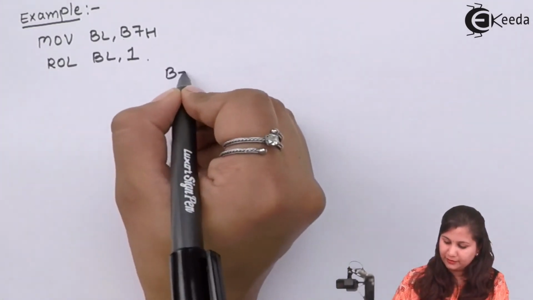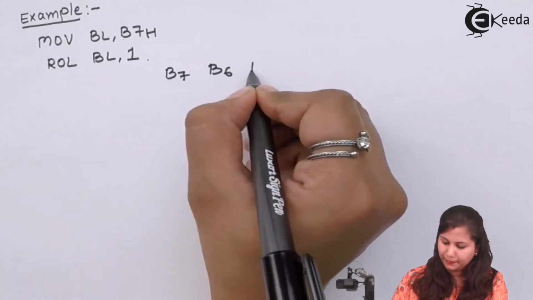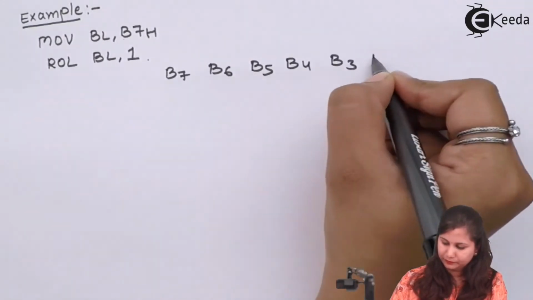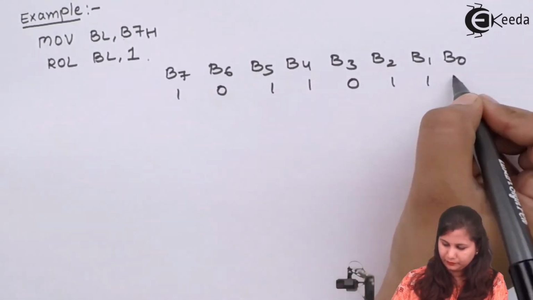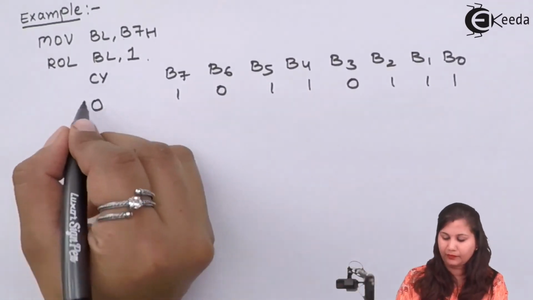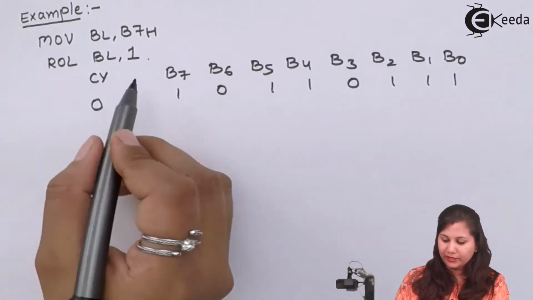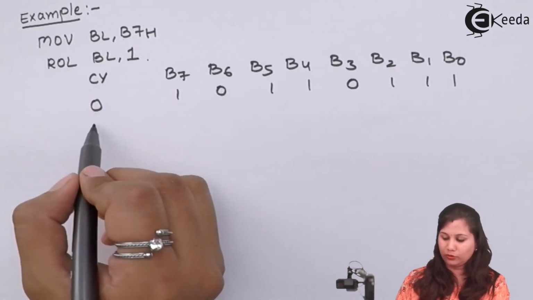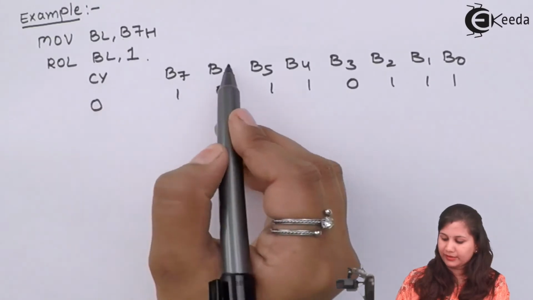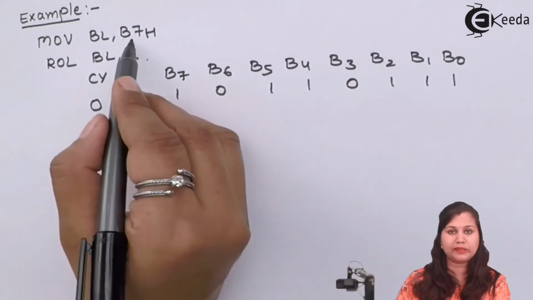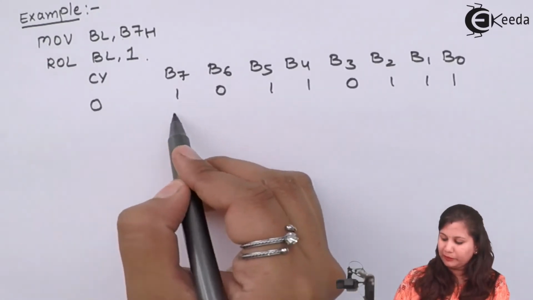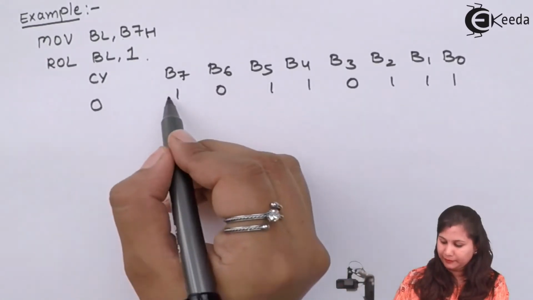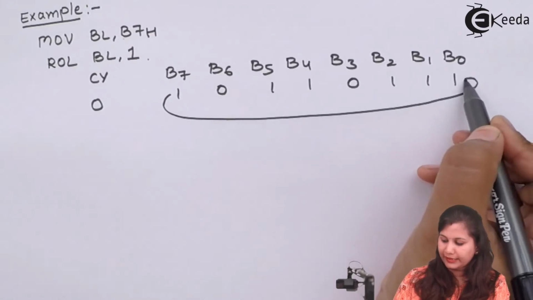So if we see the bits, suppose before execution carry flag was 0 and BL, this register is having the contents B7. Now we have to rotate it. So 1 will be placed here at the LSB.